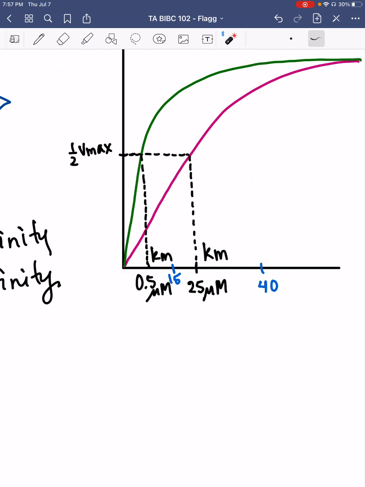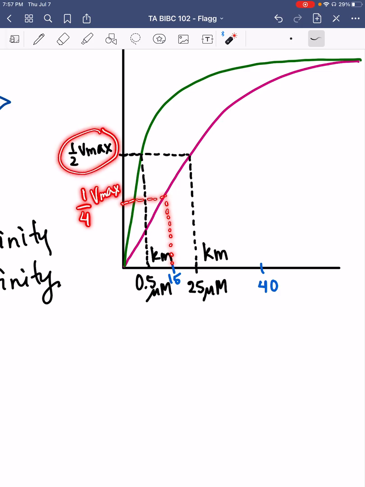Okay, now let's take a look at this enzyme that has a Km of a much higher concentration, 25. So if we're looking at this enzyme at 15 micromolar, the pink one is only going to work at like 1/4 of its Vmax, right?